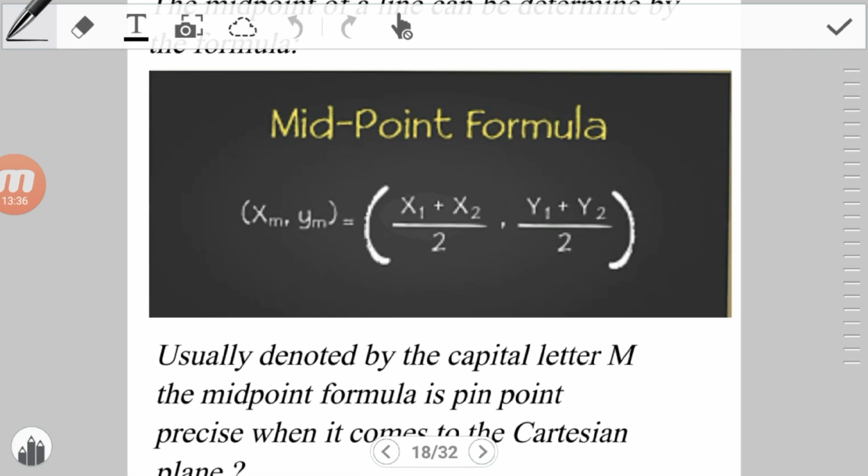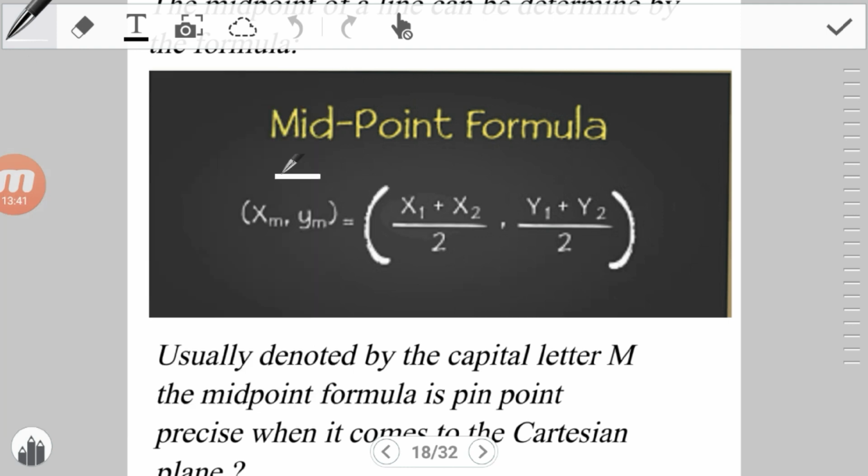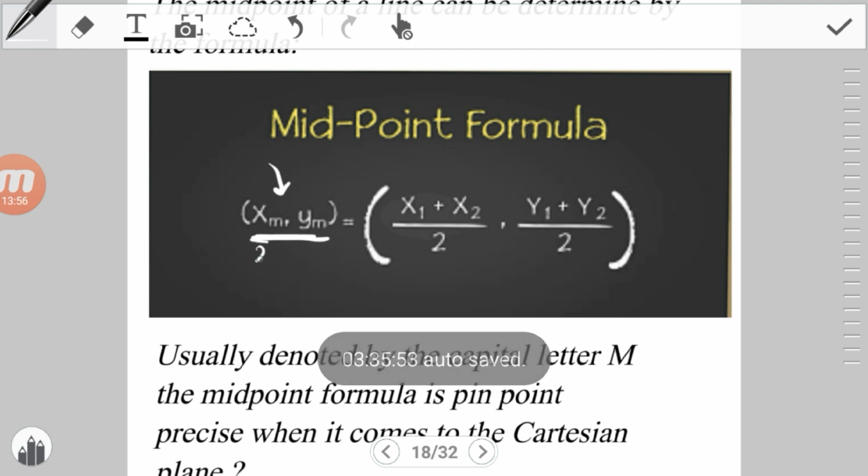All right, the midpoint of a line can be determined by a formula as you are seeing here on screen. Given that a point has coordinate values xm, ym, we know that typically this is how we name our point: x coordinate first, y ordinate second. Xm is like me saying x1, and ym is like me saying y1.